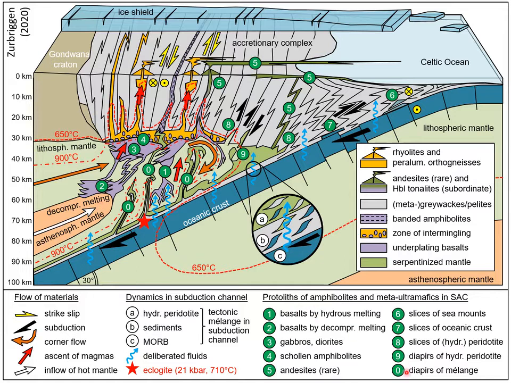Here we see a list of possible protoliths of banded amphibolite formations, which were generated from basalts or from andesites, which are associated also with ultramafic rocks. And here is a detail to understand all these drawings along the subduction channel.